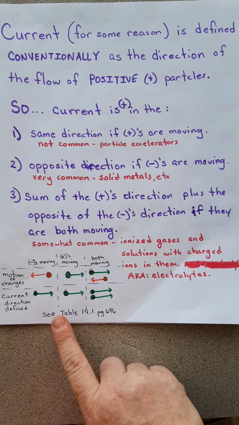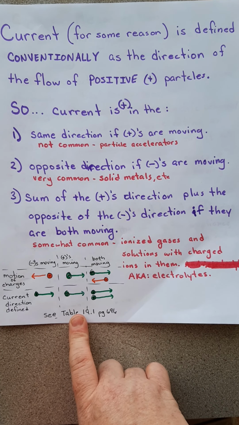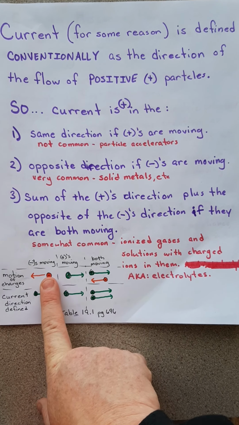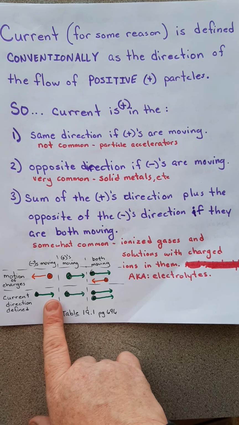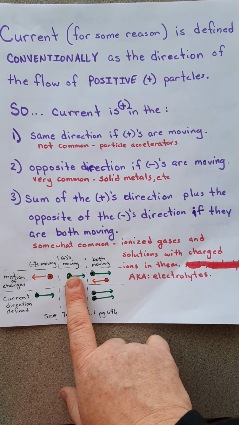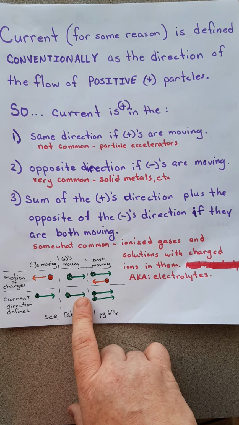So I've kind of copied page 696, table 19.1, just to show this. If the negatives are moving to the left, then the convention is that we define current to the right. If the positives are moving to the right, conventionally we define current moving to the right.